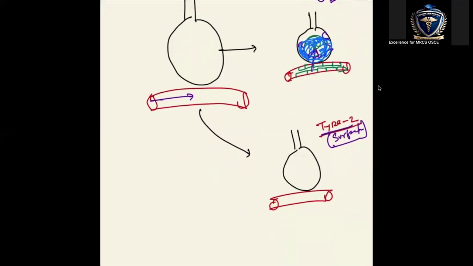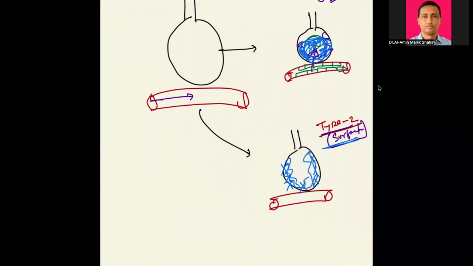The second thing, as there is any type of direct injury, these cells will be injured, and these cells won't be able to produce any surfactant. If these cells can't produce any surfactant, what will happen? Collapse. The remaining portion, which might have had the chance for gas exchange, has already collapsed due to type 2 injury.